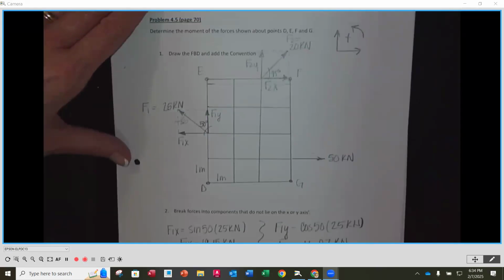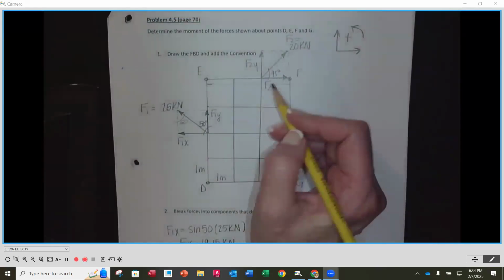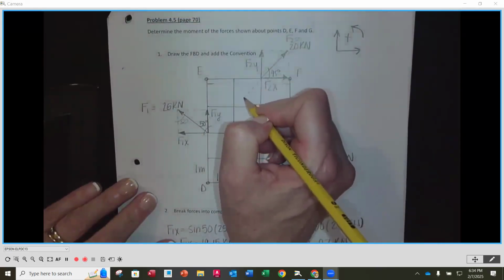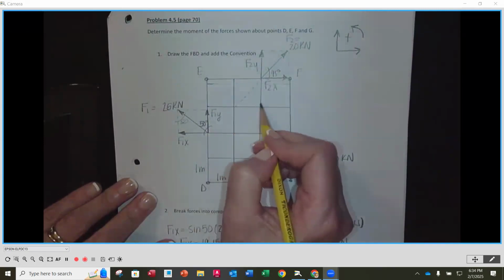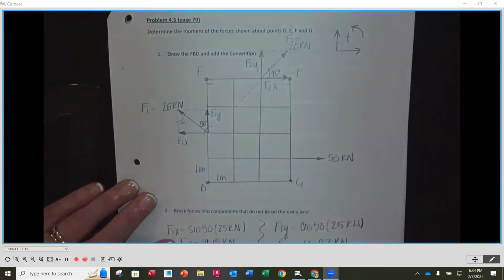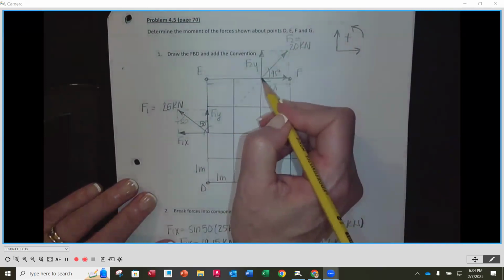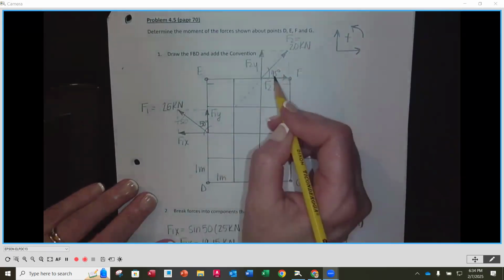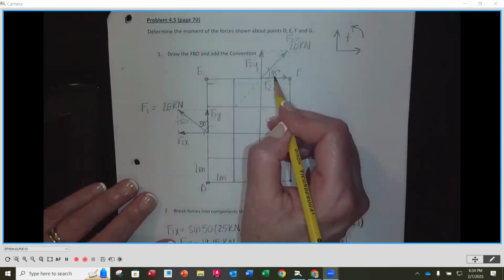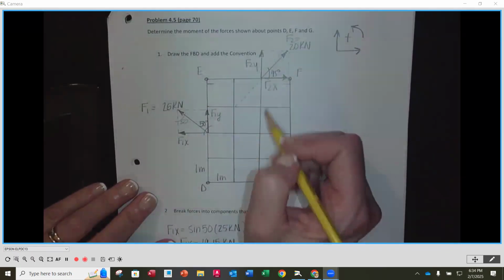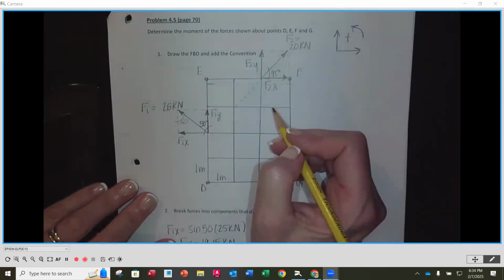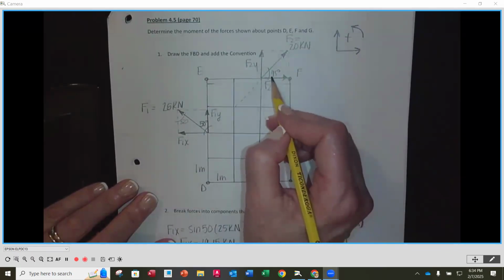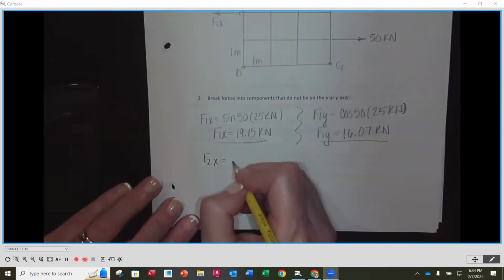F2X, it's going to be up here. We're given the fact that this comes back here. Since the legs are both 1 meter and it bisects, or is in line with, that means this is a 45-degree angle, because each one of these lengths is the same amount, 1 meter. So that's 45 degrees. Then we can calculate the X and the Y components here.